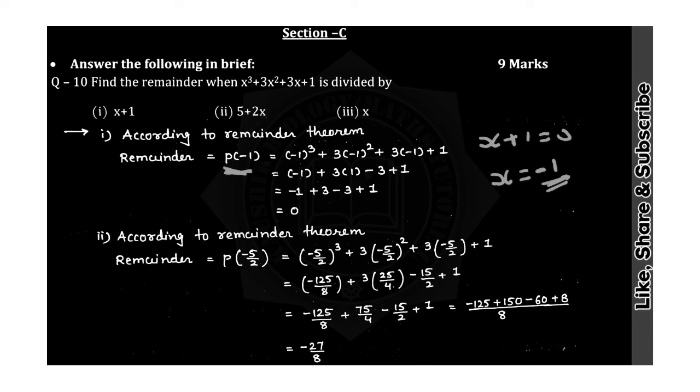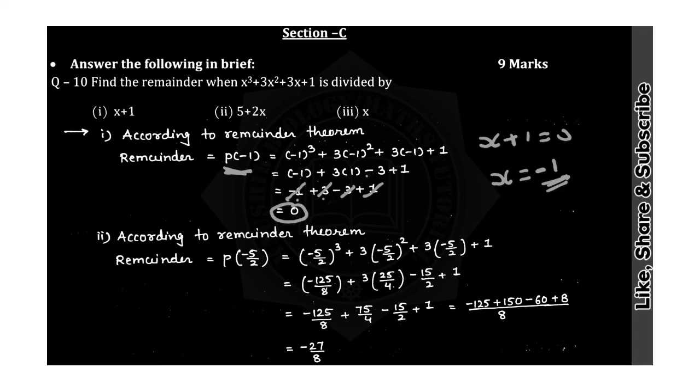Now the cube of minus 1 is minus 1, the square of minus 1 is plus 1, and plus 3 into minus 1 is minus 3, plus 1. So minus 1 plus 3 minus 3 plus 1. Here minus 1 and plus 1 cancel, and plus 3 and minus 3 cancel, and therefore your final answer is 0.